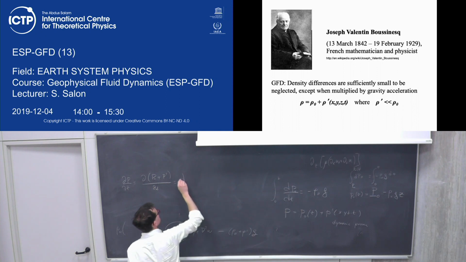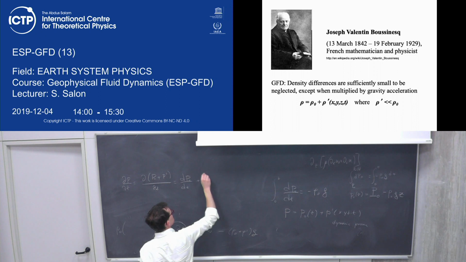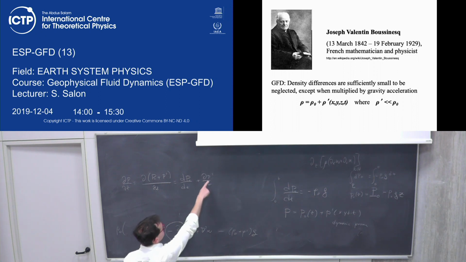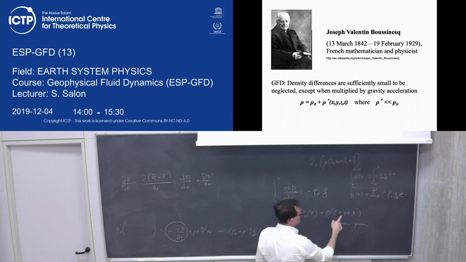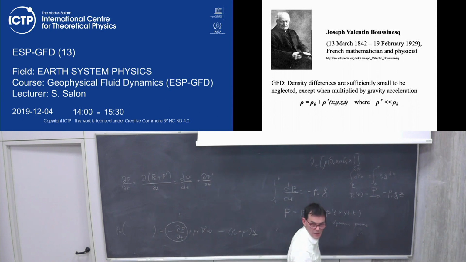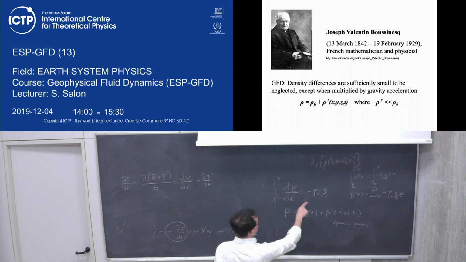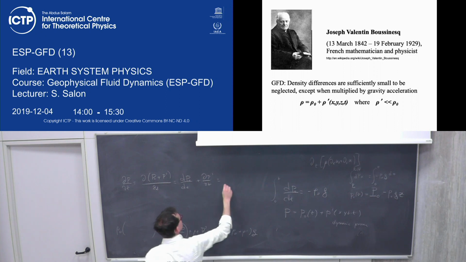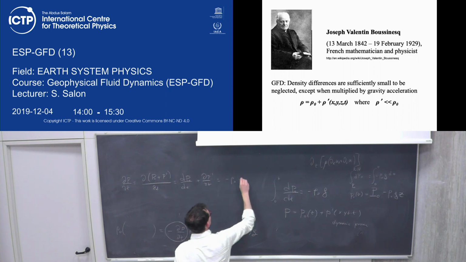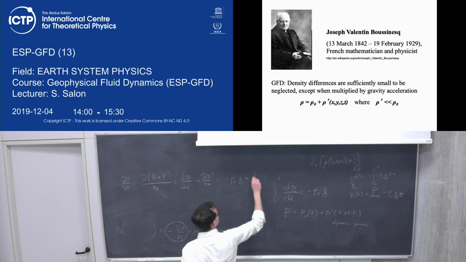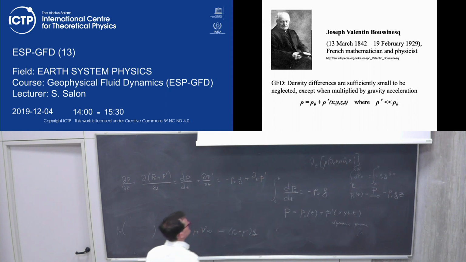So I can use total derivative plus partial over z. Why partial? Because p prime depends also on x, y, and t in the most general case. So now I can solve dp0 dz, which is this one. So this is minus rho 0 g plus dz p prime.